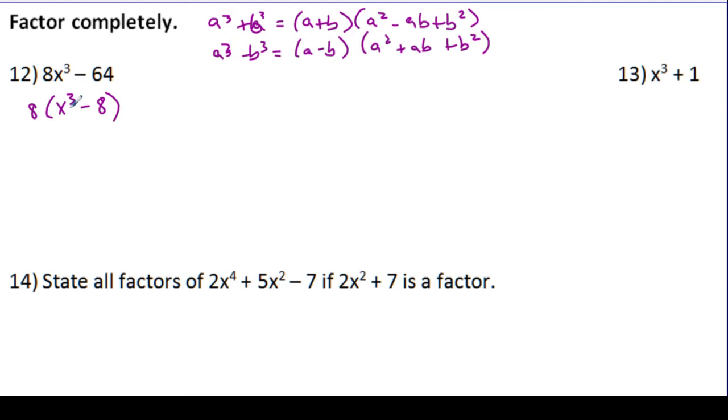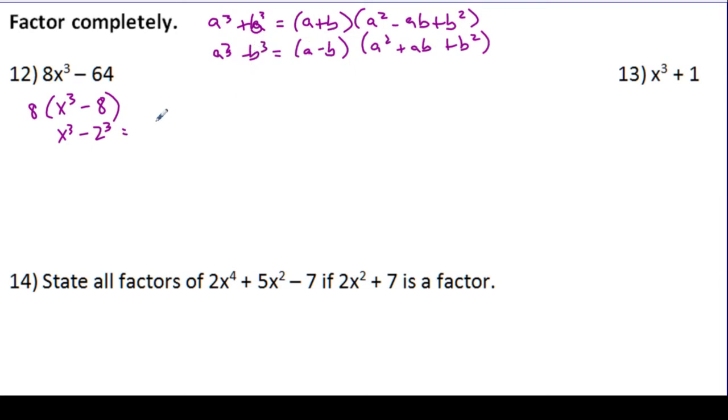Okay, I'm going to look at the x cubed minus 8, and I'm going to say x cubed minus 8 is really like x cubed minus 2 cubed, so it fits this second model, right? A cubed minus b cubed. So the things that are being cubed are x and 2. Everywhere that I see an a, I see it several times, I'm going to put x. Everywhere that I see a b, I'm going to put a 2.